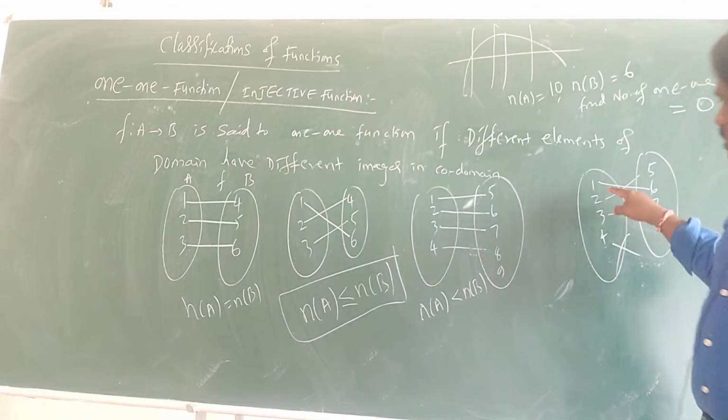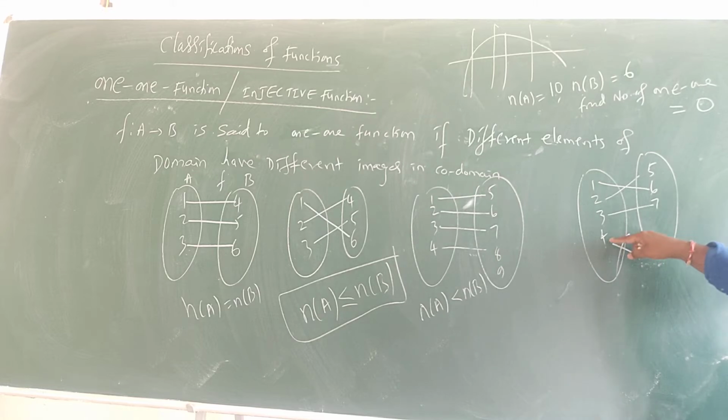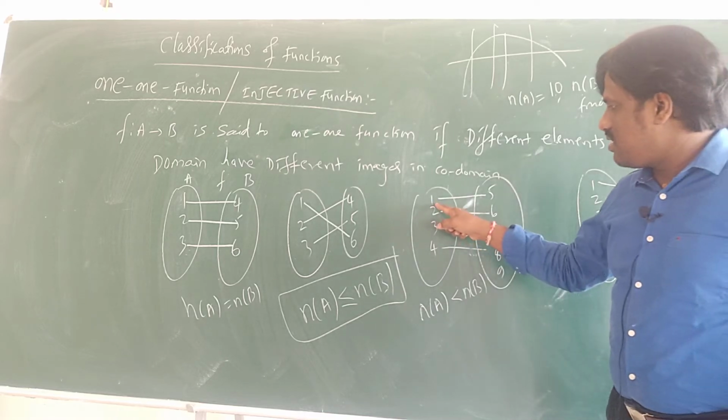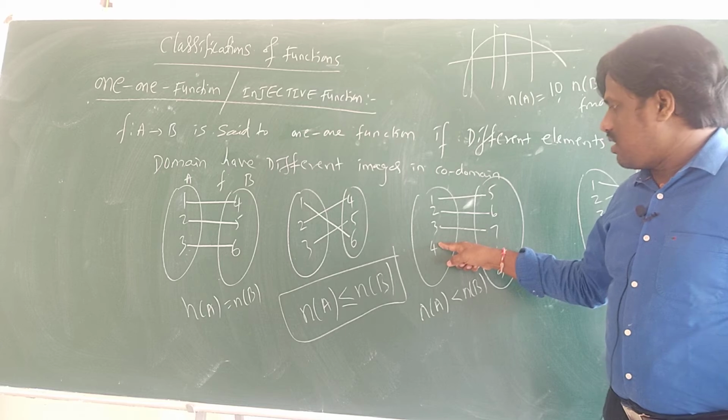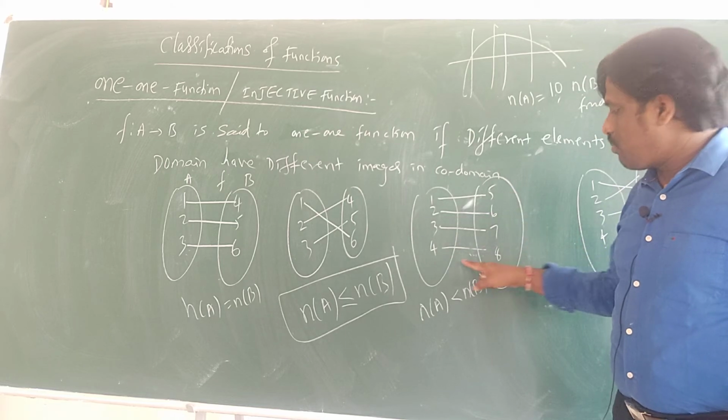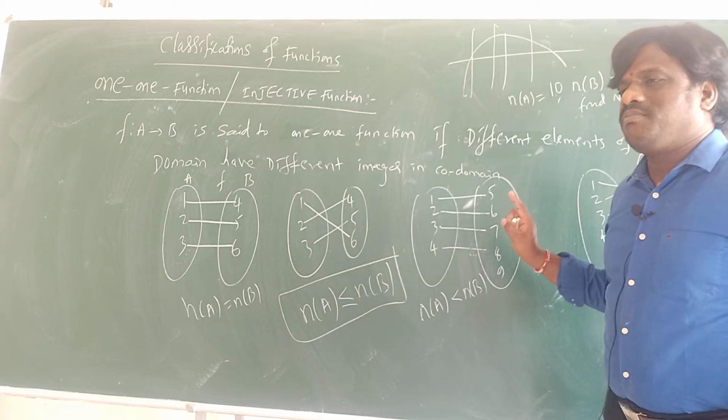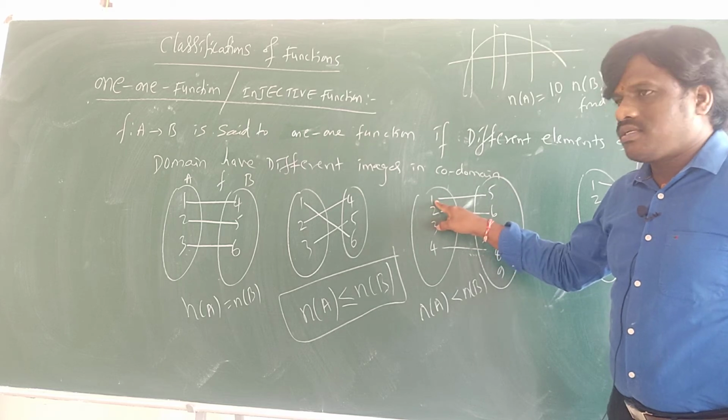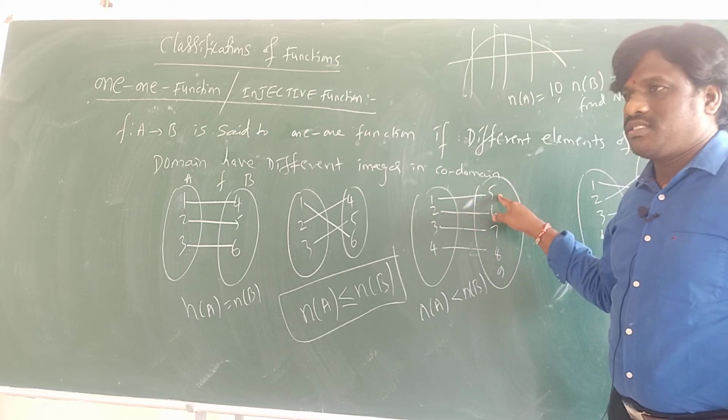See, in this case, if the number of elements in A is more and the number of elements in B is less, it is not possible to form a one-one function. But if this is less and this is more, then it is possible. One-one means each element has a different image.